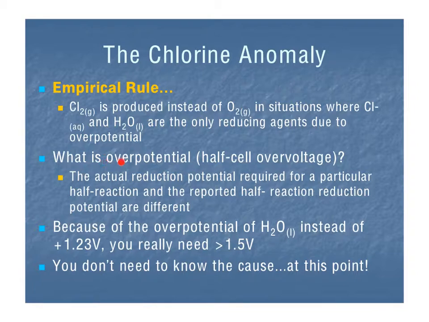And this overpotential, also known as the half-cell overvoltage, is the actual potential required for the reaction of the half-cell rather than the supposed reduction potential for the water. Furthermore, we need a potential of greater than 1.5 volts for the oxidation of chloride ions instead of the 1.23 volts as predicted by the oxidation of water into oxygen gas.